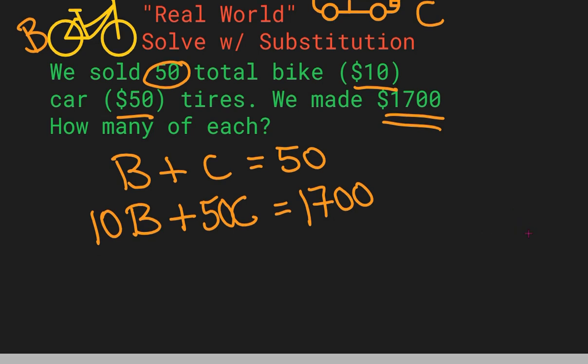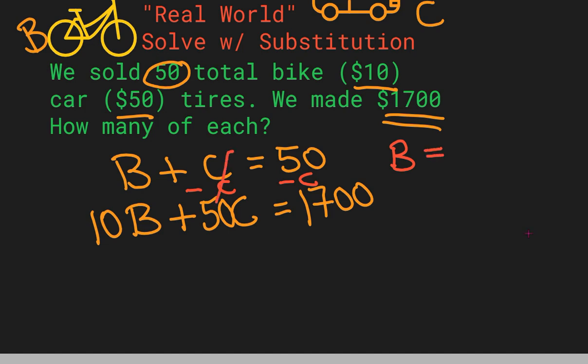I'm going to solve for B in both of these. So for here, I'm going to solve for B, and I'm going to subtract C from both sides. 50 minus C, obviously we can't do that. So I'm going to write B equals, because this cancels.